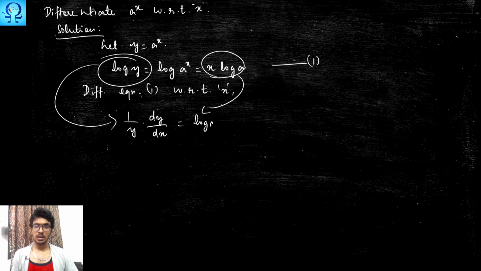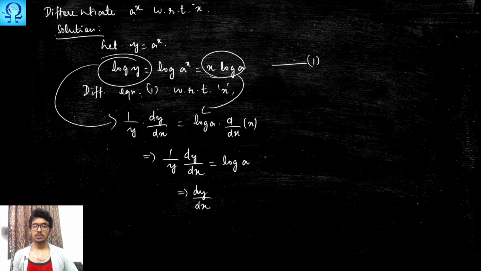Therefore log a times d upon dx of x. So finally what we get is 1 upon y, dy upon dx is, this is 1, right? So it is simply log a. Therefore dy upon dx is log a multiplied with y.